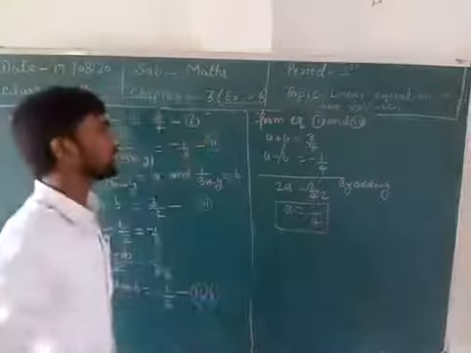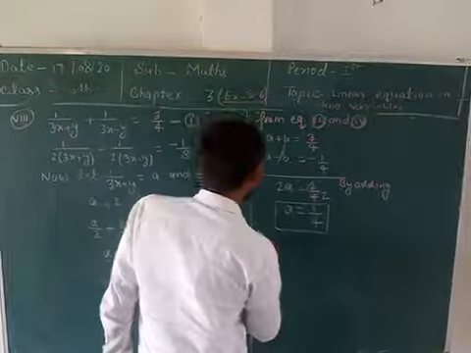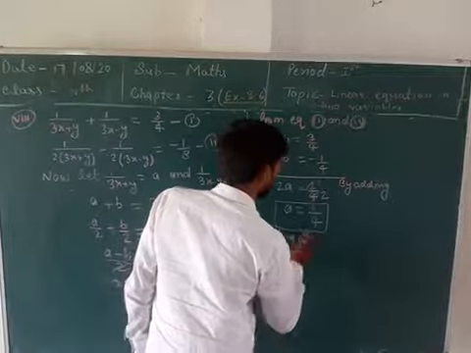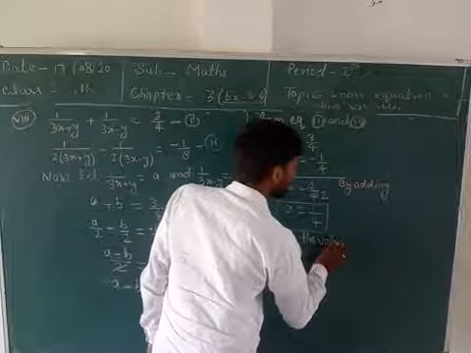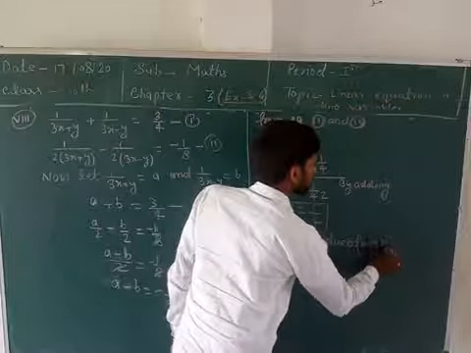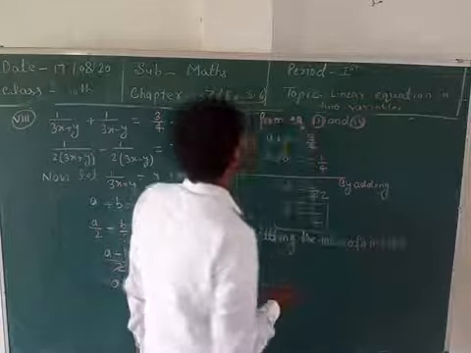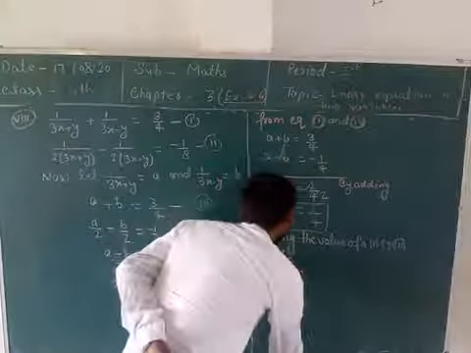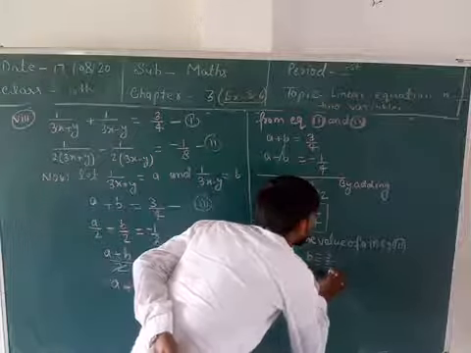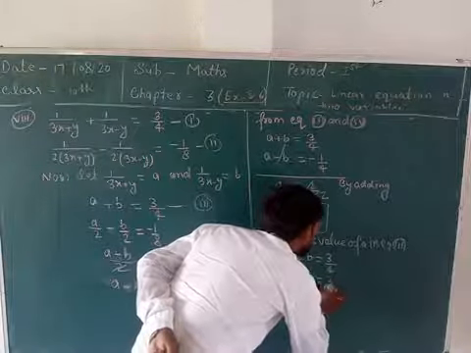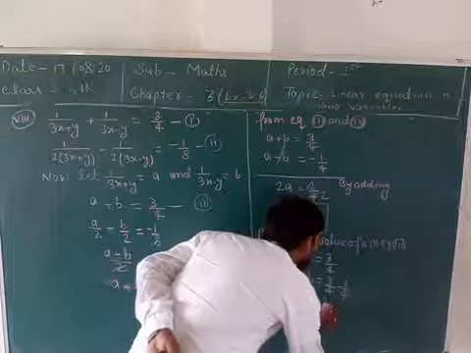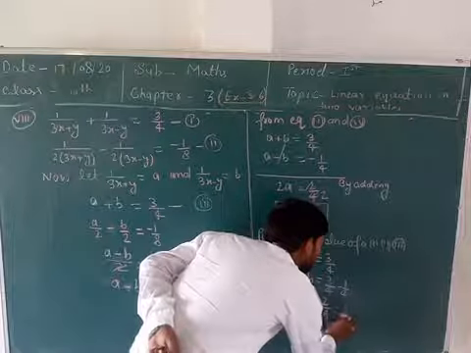Putting the value of a in equation 3, we have 1/4 plus b equal to 3/4. Then b equal to 3/4 minus 1/4, b equal to 2/4 means 1/2.